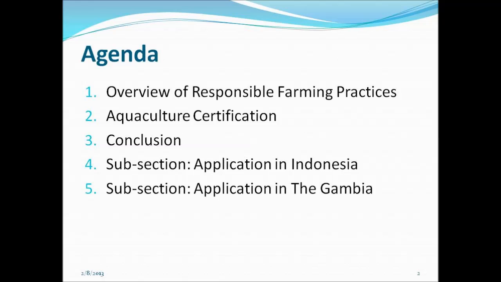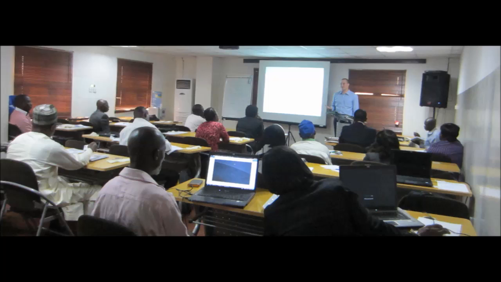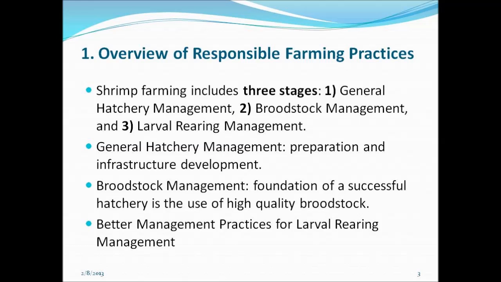Okay. So the three stages I will talk about will be general hatchery management, broodstock management, and larval rearing. I have that document with me, a soft copy, and I can give that to you, so that we can get it for tomorrow. It's all like 3 steps, it's fairly simple, but just a lot of information.